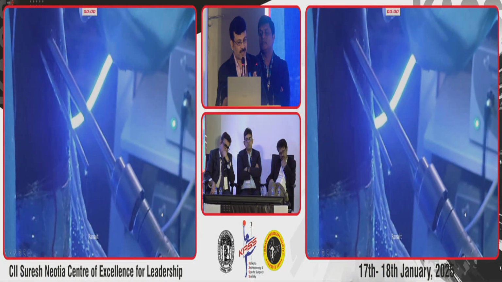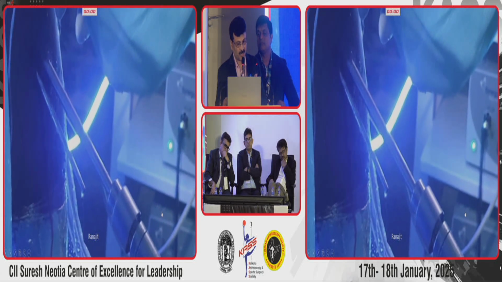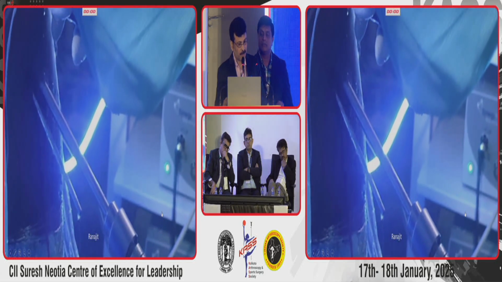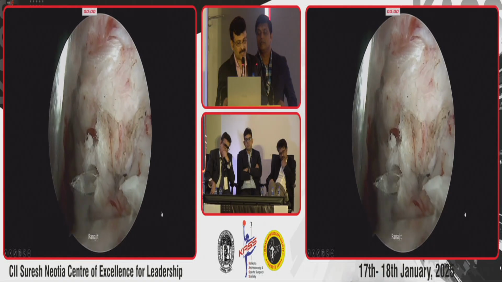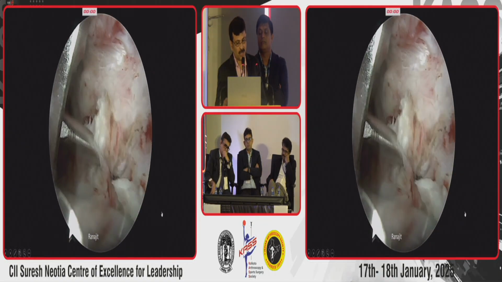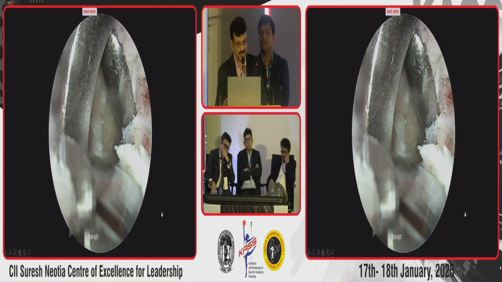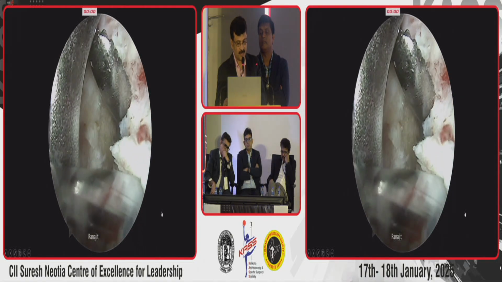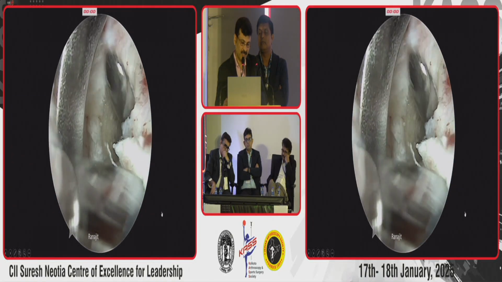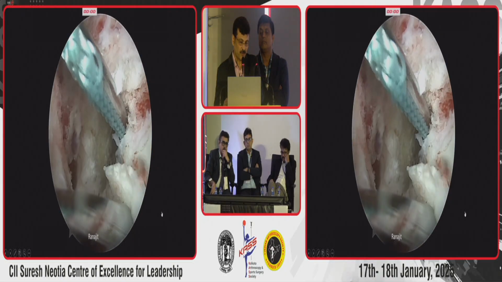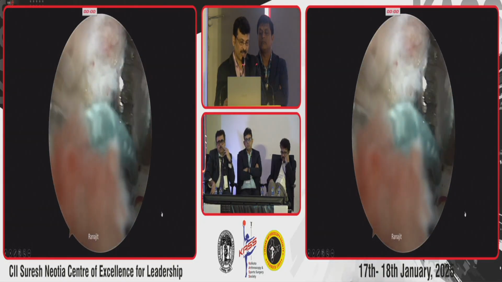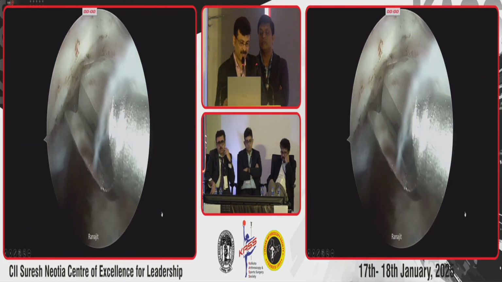Then we pass the sutures through those tunnels, and through a beath pin we first pass this leading suture, which was after creating this PCL tunnel. You can see they are not converging over each other. This is the root tunnel, and the adjacent one is the PCL tunnel. Then we retrieved the suture from the PCL tunnel.